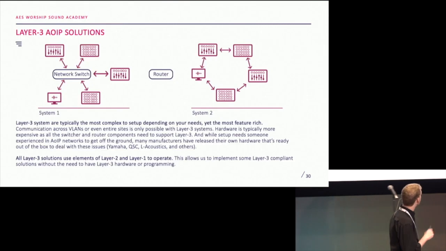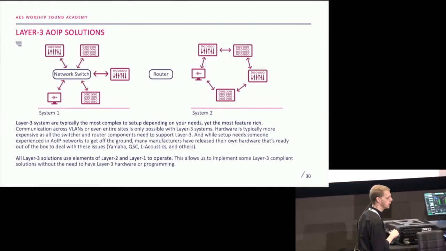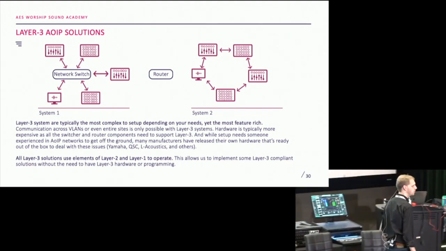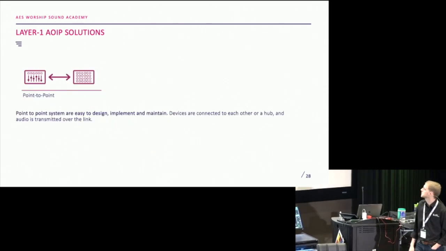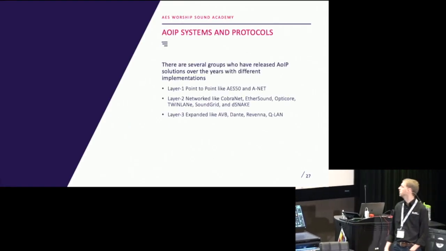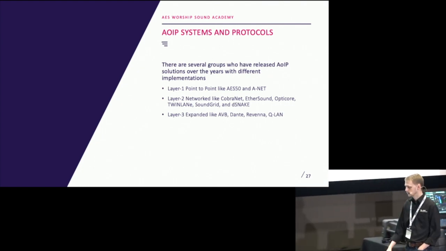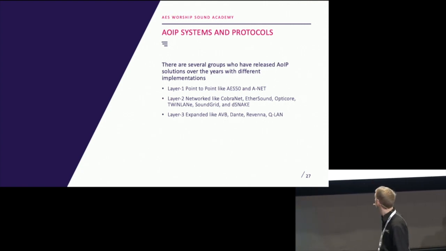All right, so any questions on this stuff for the audio over IP kind of layers before we get into some design things? Yes, sir. Yes. Dante, Ravenna, AVB, QLAN, WheatNet. Anybody here using WheatNet? No WheatNet users? All right, cool.